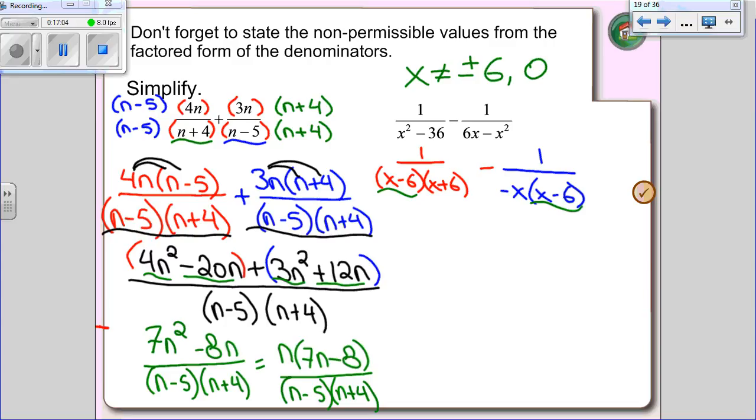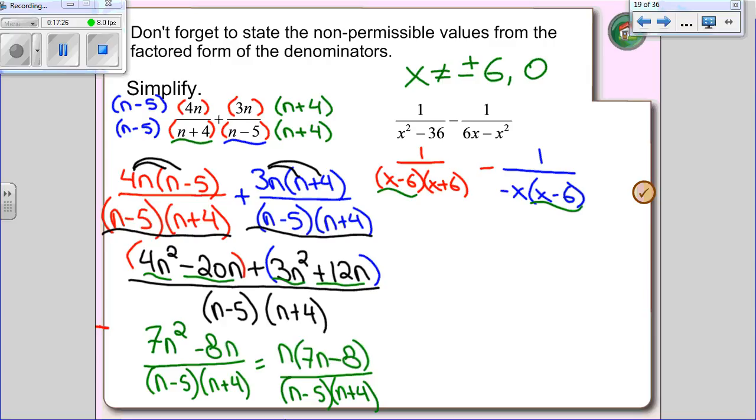Factor, NPV, simplify. So now we need to combine these things into one. To combine them into one, you have to have a common denominator because it's a subtraction question. To get a common denominator, you need to look to see what you're missing as entire packages.